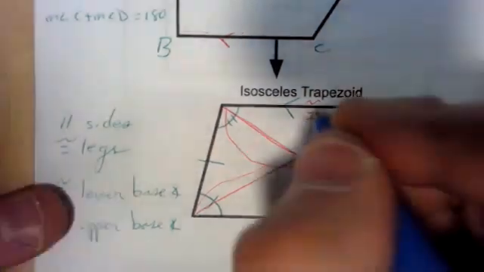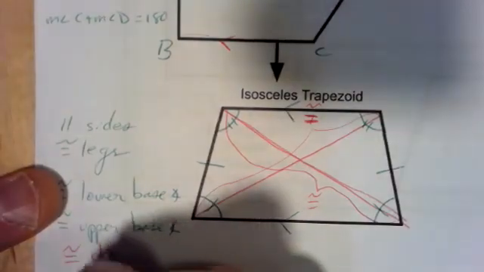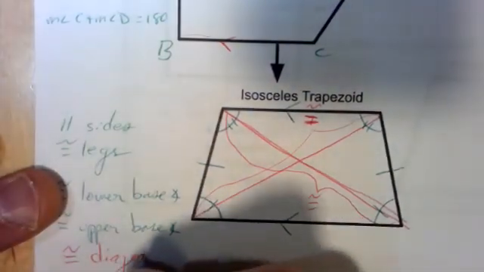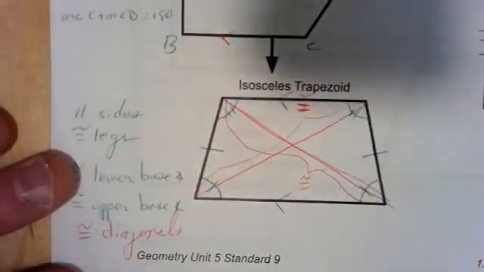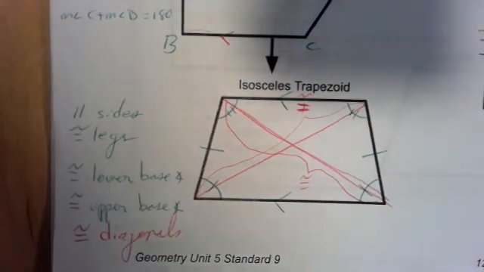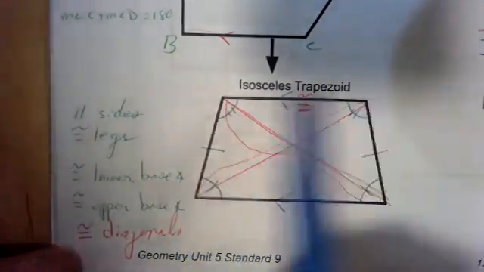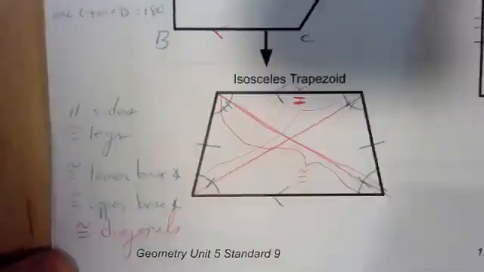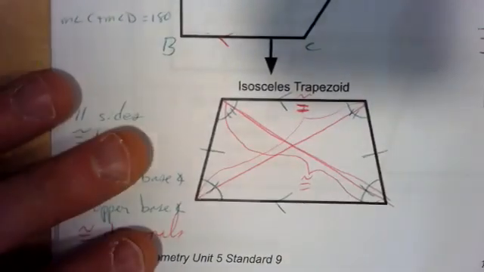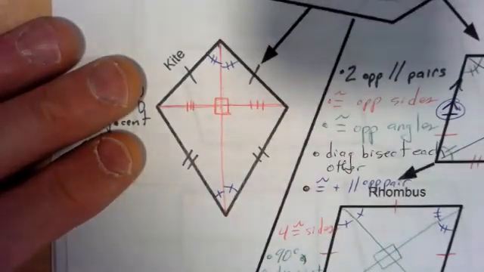So we have congruent diagonals in our isosceles trapezoids. All right, these congruent brackets look a little cluttered. I apologize for that, but maybe you can come up with a better way to mark it. So that's how to prove an isosceles trapezoid, a trapezoid, as well as a kite.